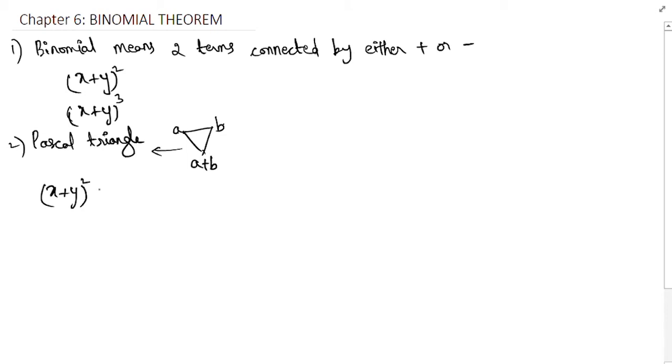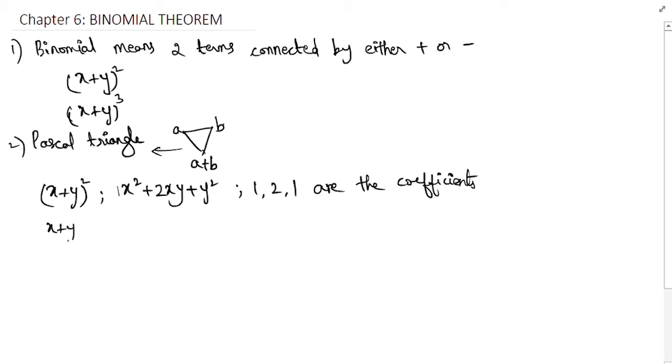Suppose we consider x plus y whole square. This can be written as x square plus 2xy plus y square. So here the coefficients are 1, 2 and 1, right?